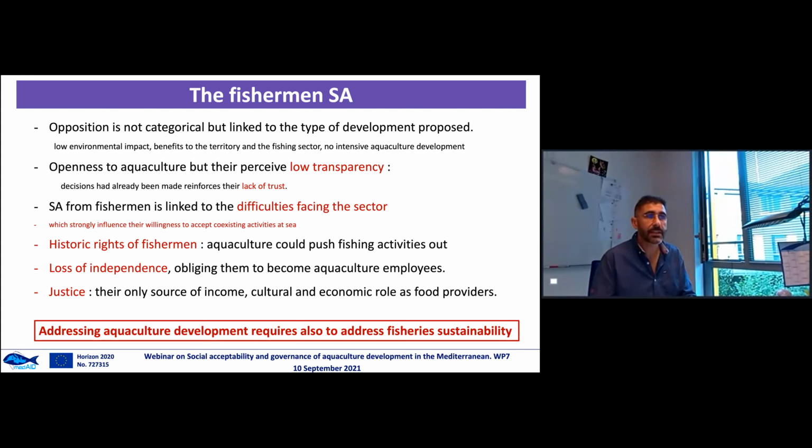because it depends on the proposal for aquaculture development. When we ask whether they accept aquaculture or not, the answer is it depends. It depends on the type of aquaculture development you are proposing.